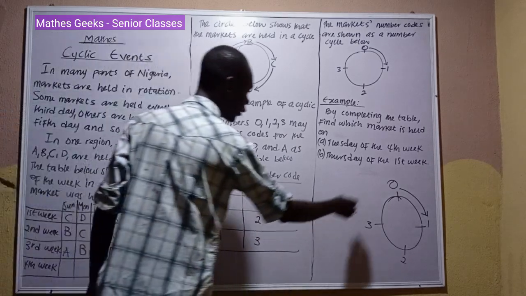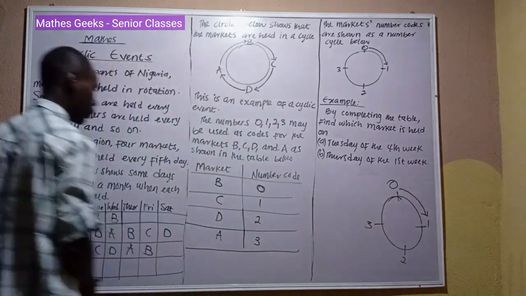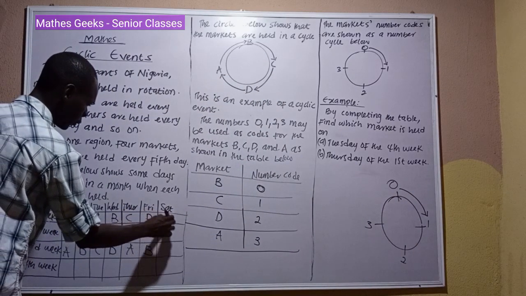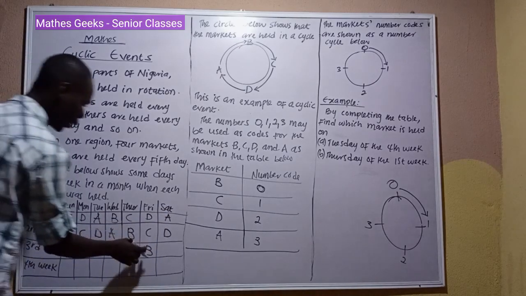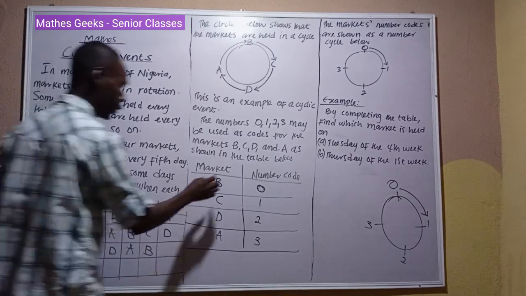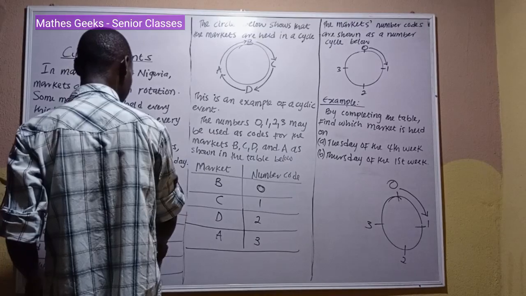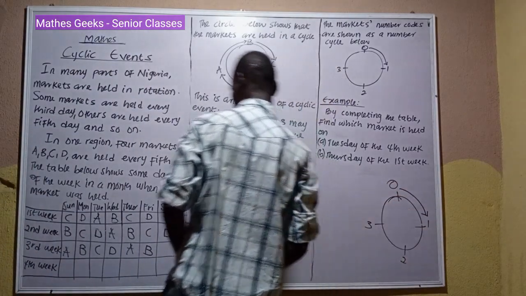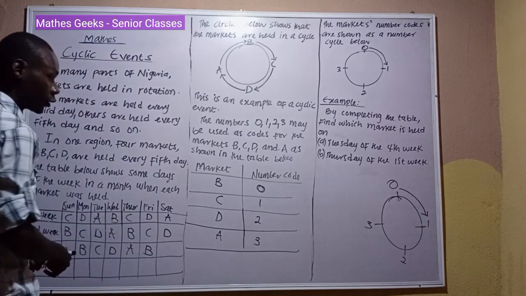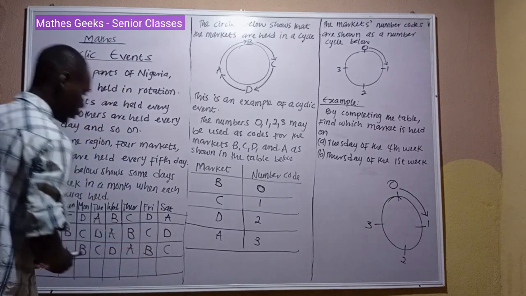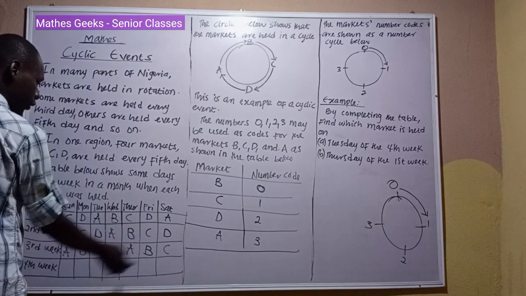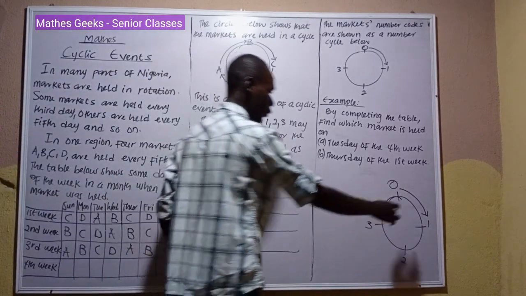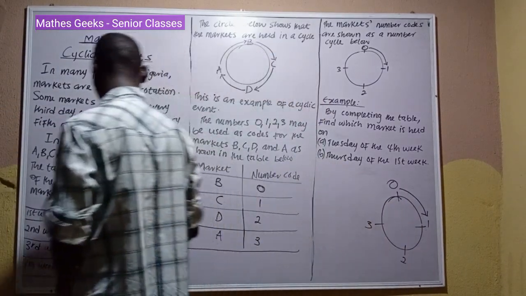The next market day will be to rotate to 1, and C. So we can fill in C, D, A. B is 0. So the next market day will be from 0 to 1, which is C. And then from C, the next market day will be D, from 1 to 2.